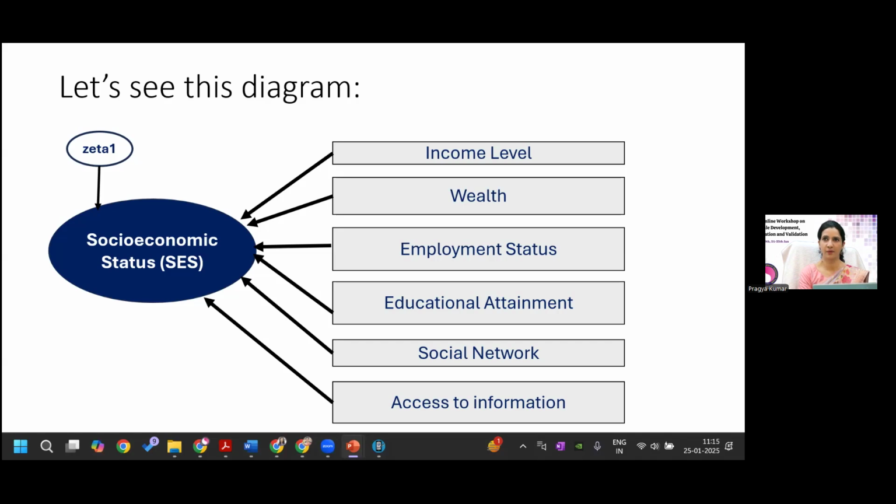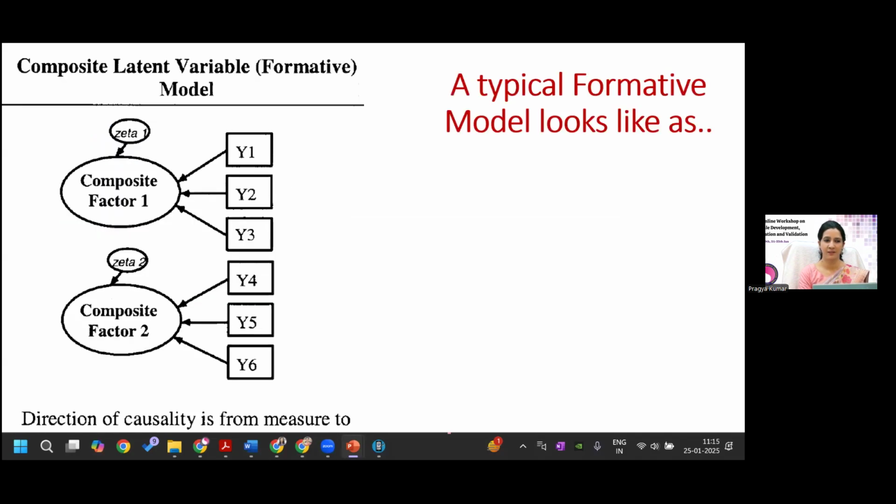Okay. If not, this we call a composite latent variable. Again, the term composite is here because you are constructing these scales. If you see the word composite, this is a composite latent variable where the error is at the level of the factor.